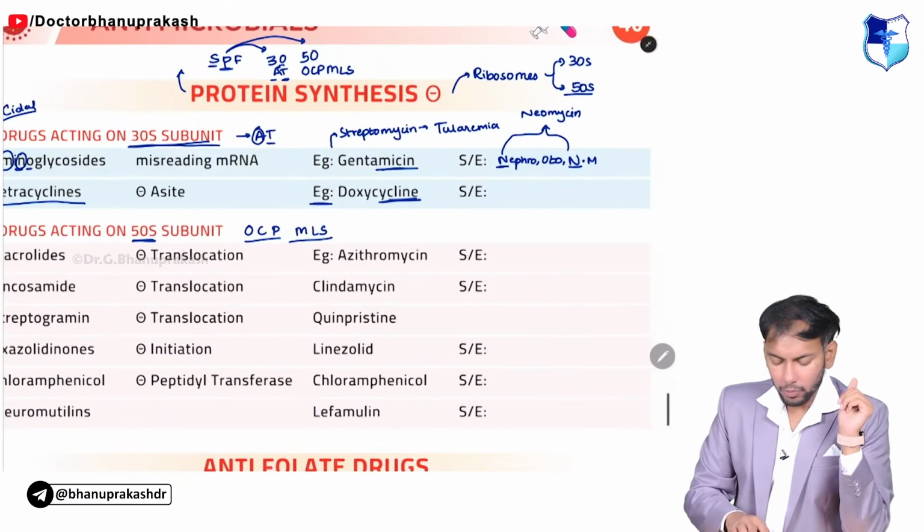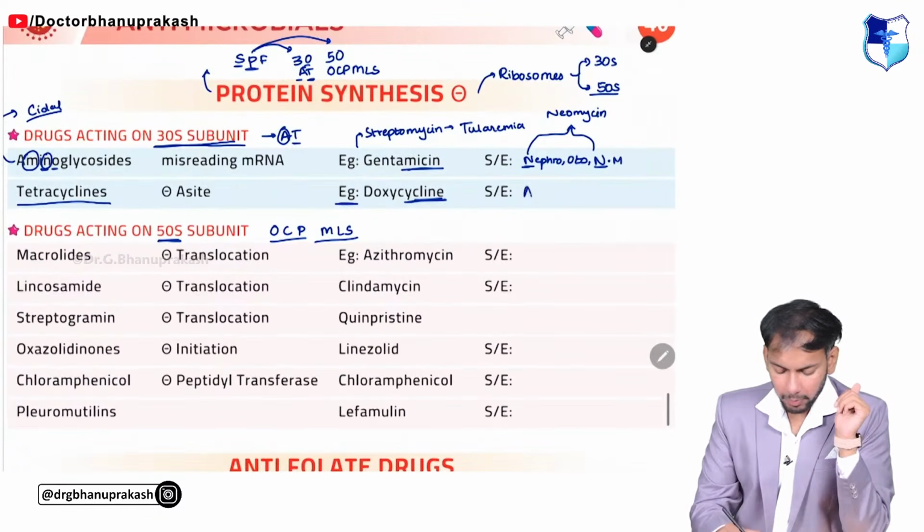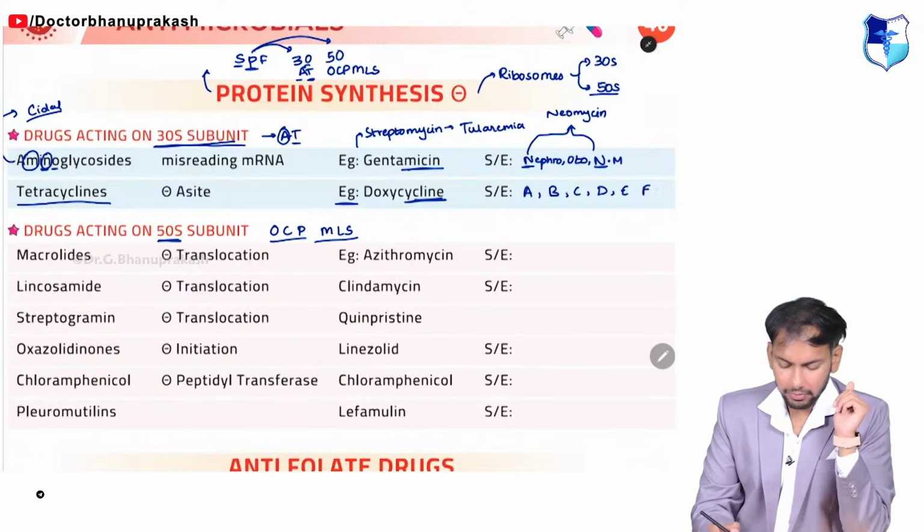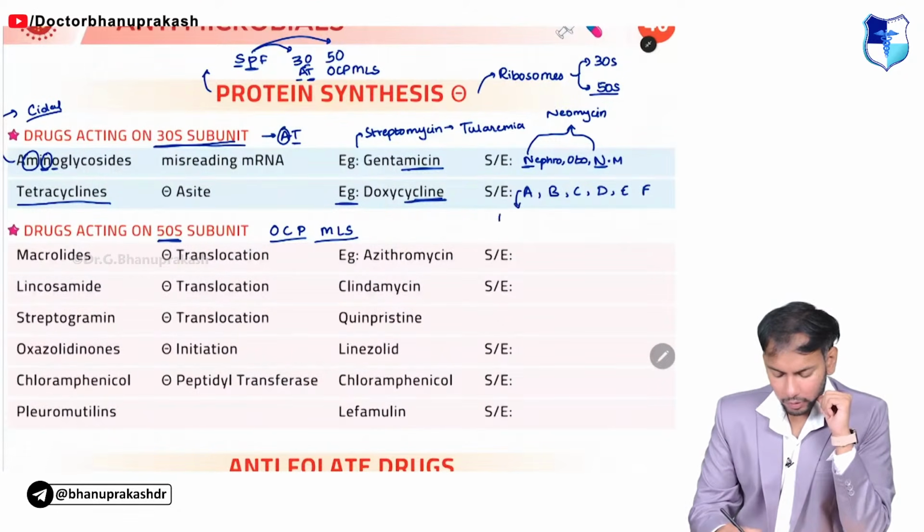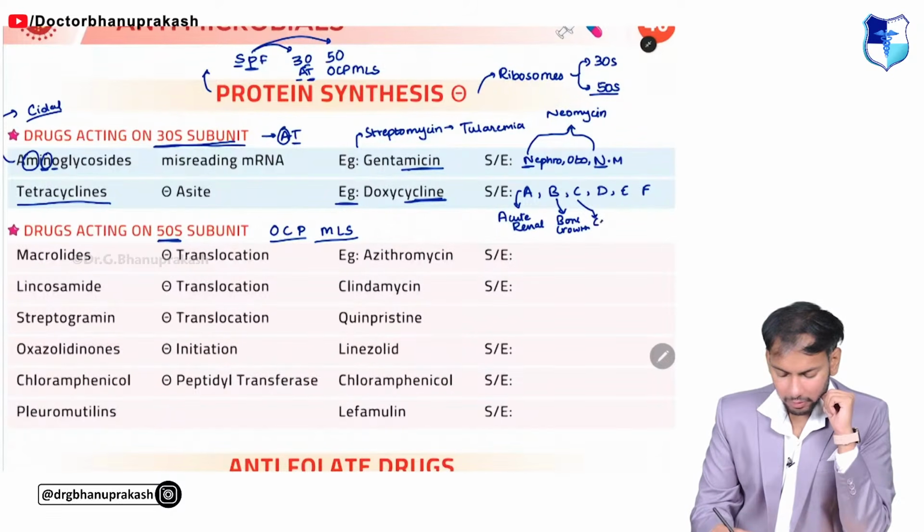Now, how do we remember the side effects? I told you, you remember it with A, B, C, D, E, F. These are the side effects. With A, it will cause acute renal failure. Now, B, it blocks the bone growth. With C, it will cause catabolism.